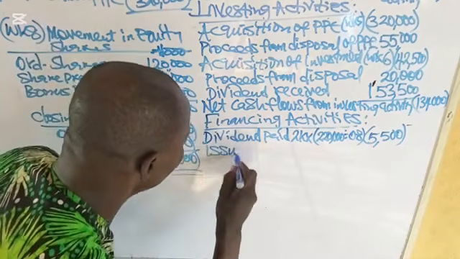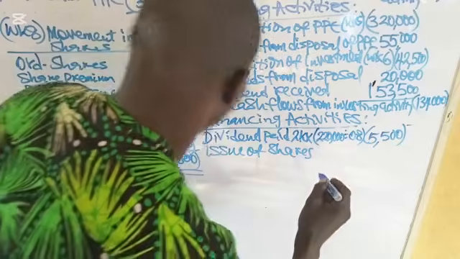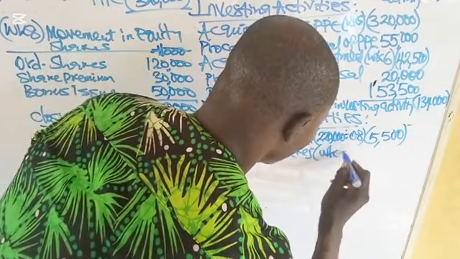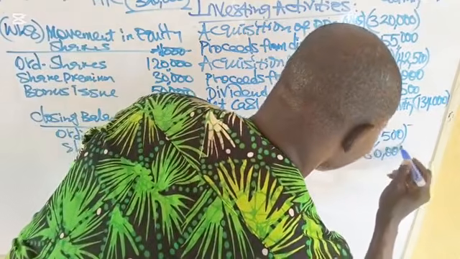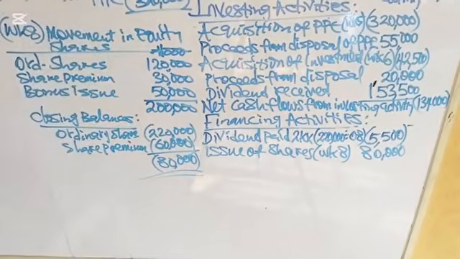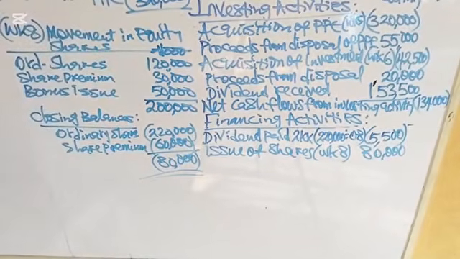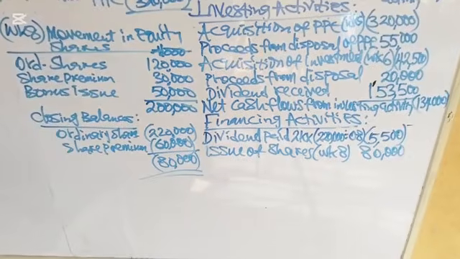Issue of shares, working number 8: inflows of 80,000. We're done with equity.